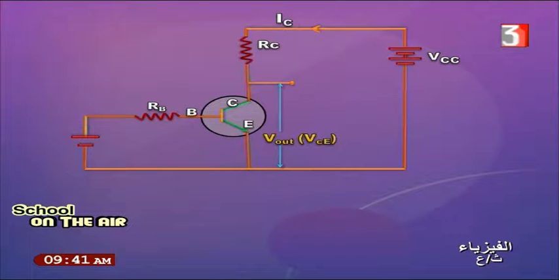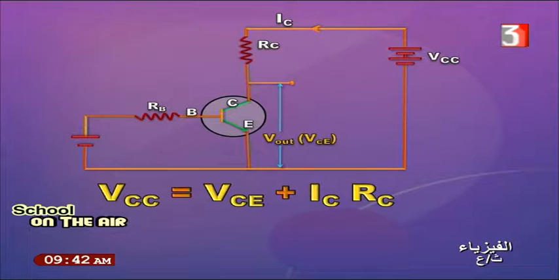The product of RC and IC will give a voltage on the collector. In addition to the voltage on the CE, collector emitter, both of them will add to give VCC. So VCC equals VCE, voltage across collector emitter, plus IC RC.